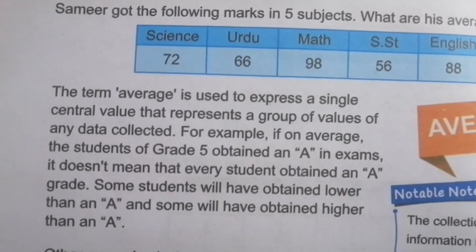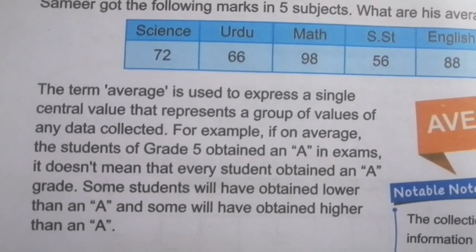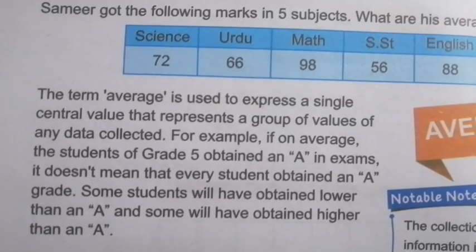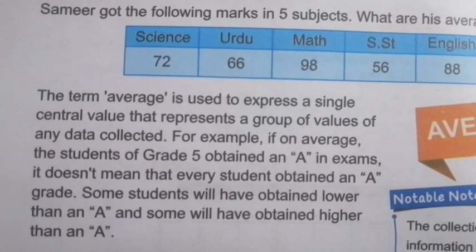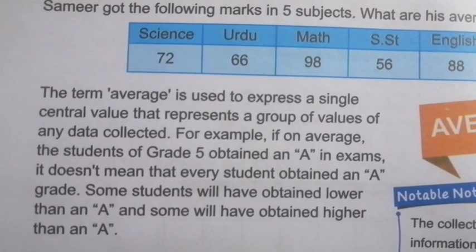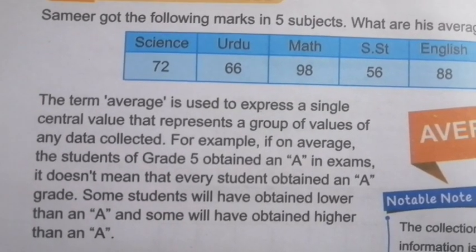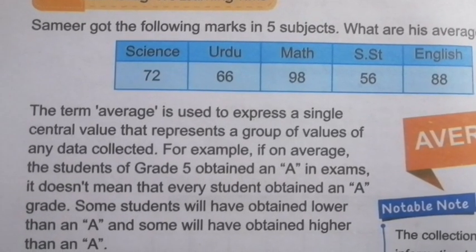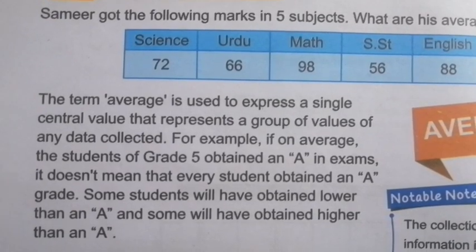This quantity is not the same all the time. Sometimes during the day we have spent different quantities, and we will have to find a single quantity that will give us the average we have spent. So if you have different values and you want to find a single value, that is known as the average.